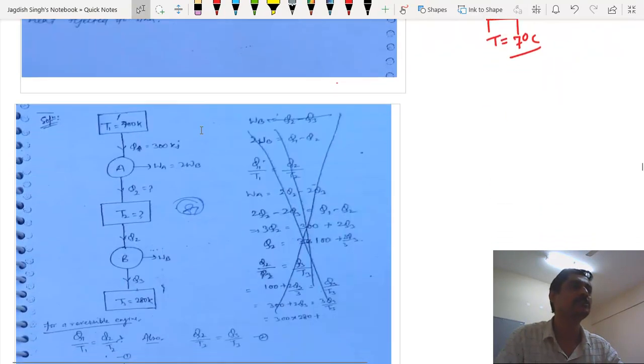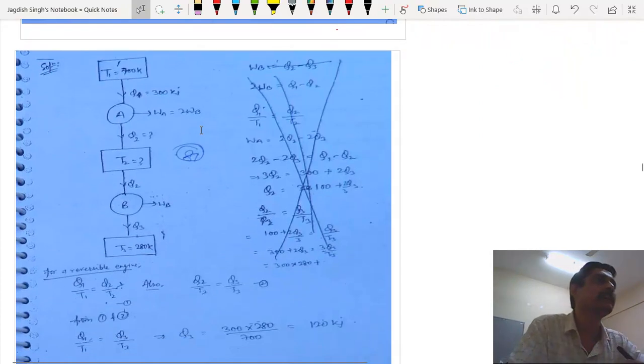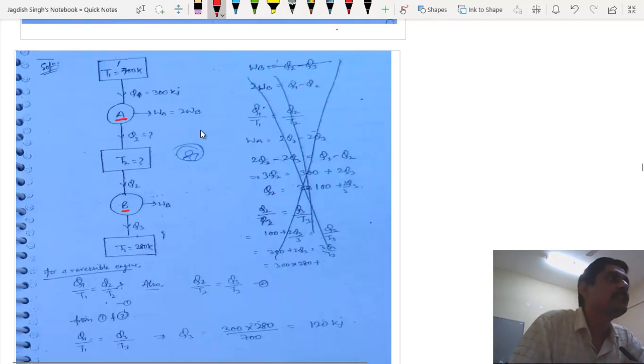The same diagram is plotted here. This is engine A and engine B. Both are reversible heat engines. Engine A receives 300 kJ of heat at the higher temperature, which is 700 Kelvin.